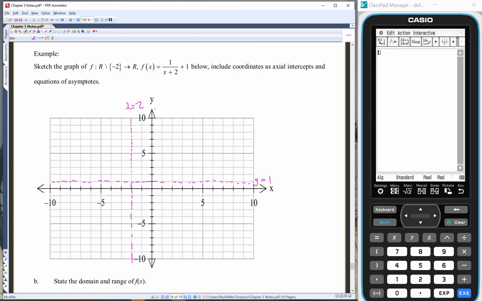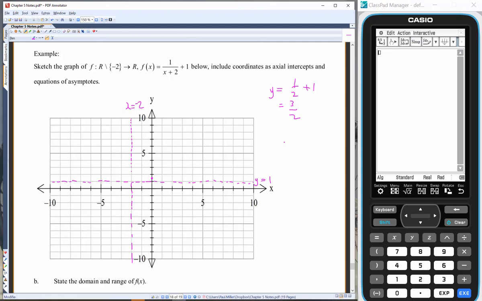Okay, so we're going to get a y-intercept somewhere over here and an x-intercept somewhere over here. The y-intercept occurs when x is equal to 0, which is a half plus 1 equals 3 on 2. So the y-intercept is at 3 on 2, so it's going to be there.